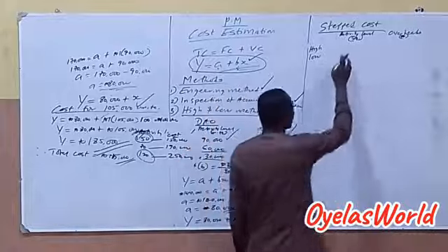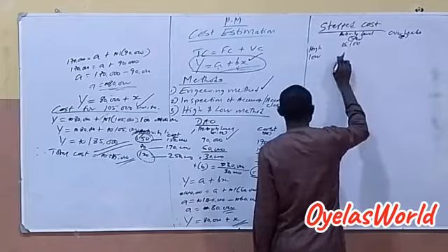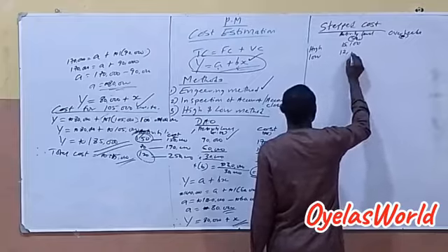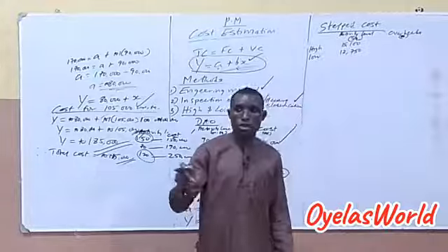The high level is how many units? 15,100. The low is what? 750 square meters. But go back to the question.